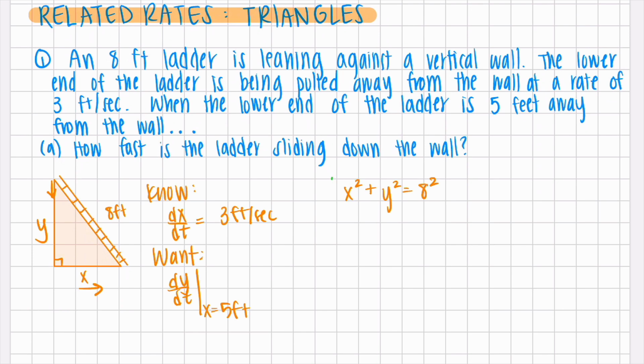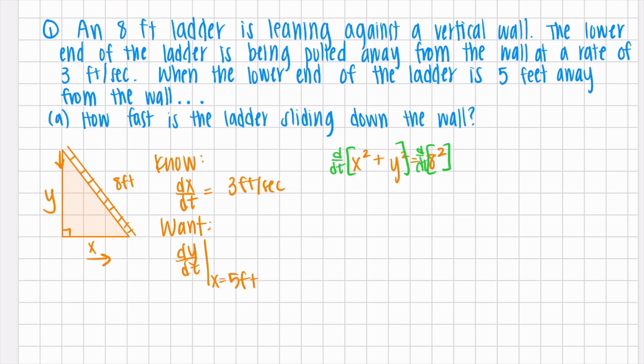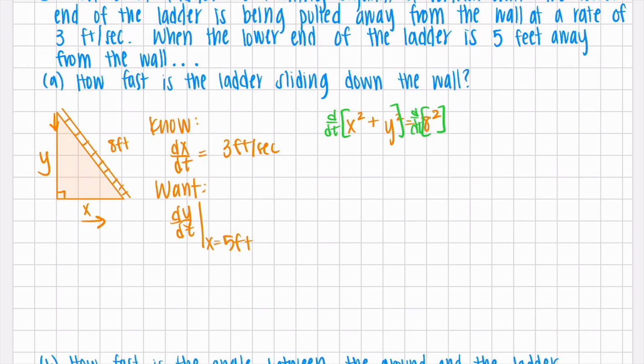We are going to take the derivative on both sides of the equation with respect to t. We do that with every related rates problem. And we also make sure that we don't plug in anything in the moment. So our 5 feet, we don't do that until after we take the derivative. Now this is going to be implicit differentiation. If you need a video on that, I will link that in the description as well.